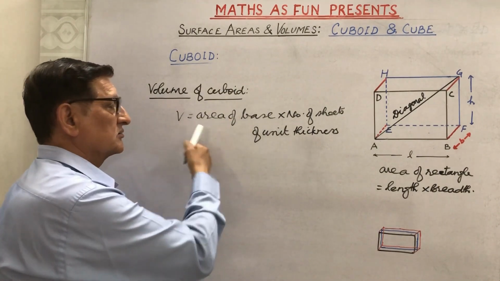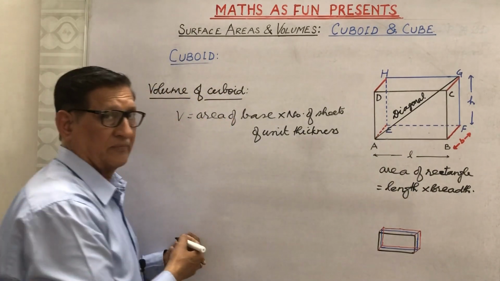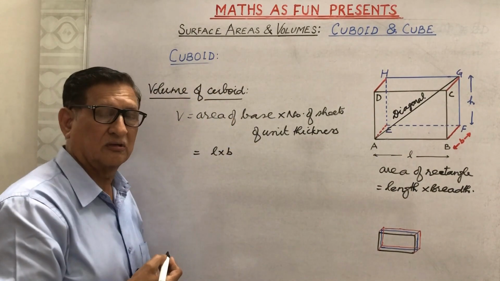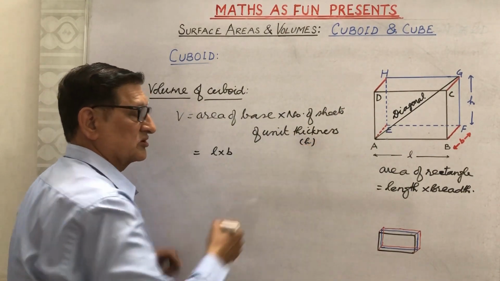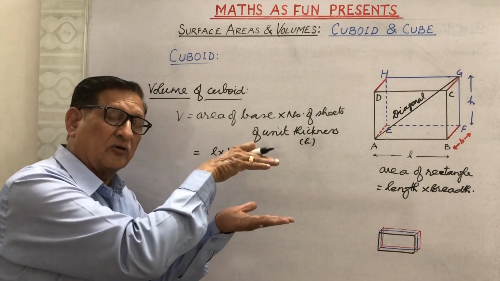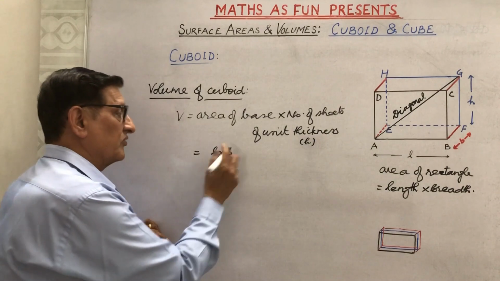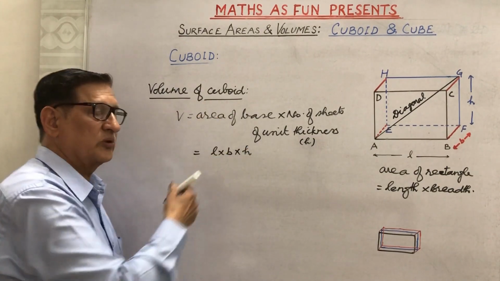Suppose the base has the dimensions L and B, then the area of base will be L into B, or not. And suppose we have the number of sheets as H, then the height of that cuboid will be H, or not. And then we multiply it here, that becomes the volume of the cuboid.